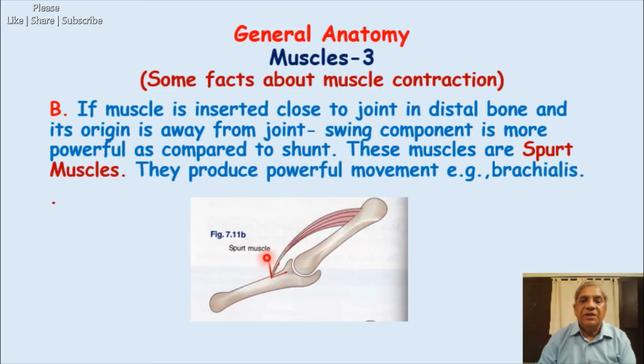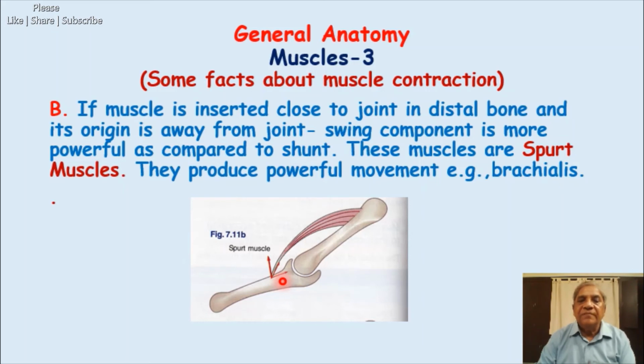And this I have indicated by a thick arrow, because the other component which is parallel to the bone and going towards the joint was the shunt component. This component is weak when the muscle is attached close to the proximal end, so the shunt component which provides the stability to the joint is a weaker component.